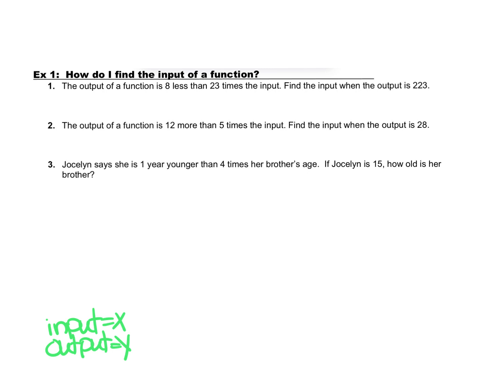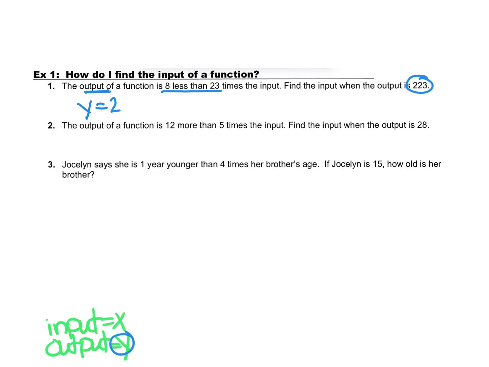All right, so question number 1. It says the output of the function is 8 less than 23 times the input. Find the input when the output is 223. So remember the output is our y value, so we're going to have y is equal to 8 less than 23 times the input.